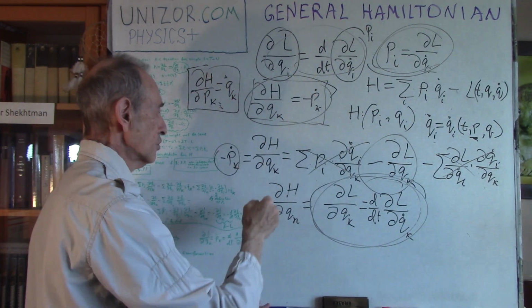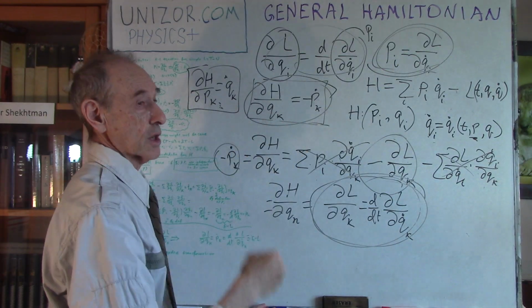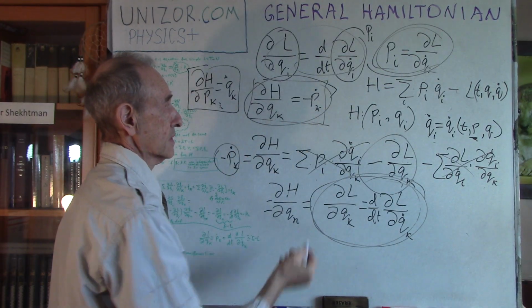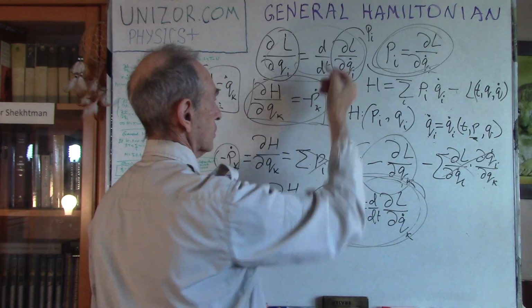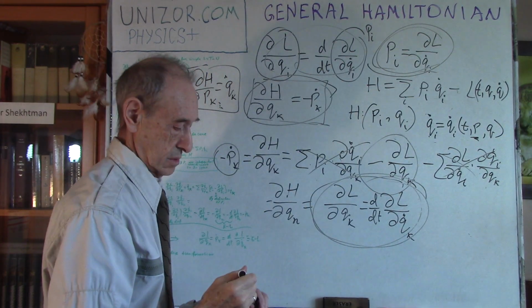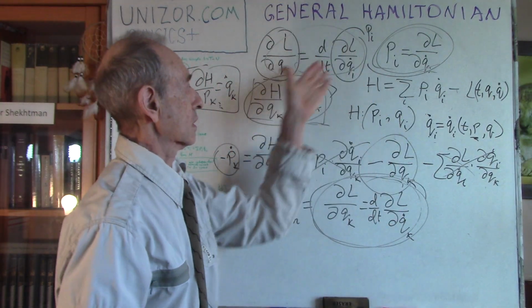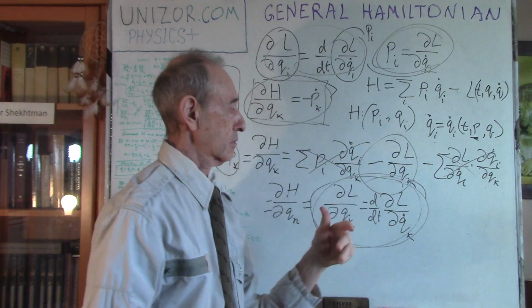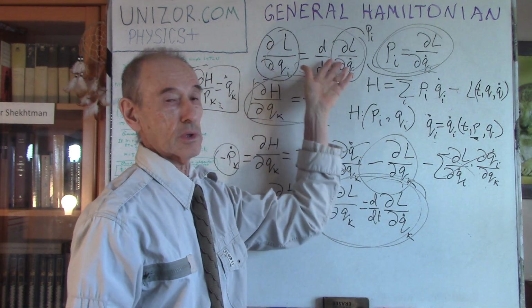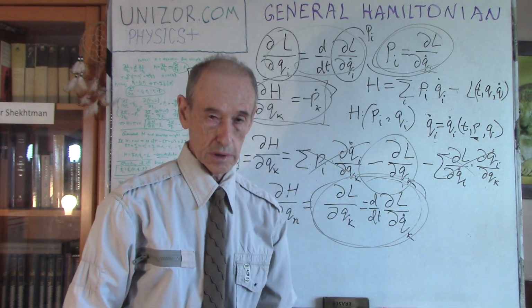So if we assume that Hamiltonian equations are correct, then we basically have derived the Euler-Lagrange equation, so now we have both ways. From Euler-Lagrange we derived Hamiltonian equations, from Hamiltonian equations we derived the Euler-Lagrange equation.